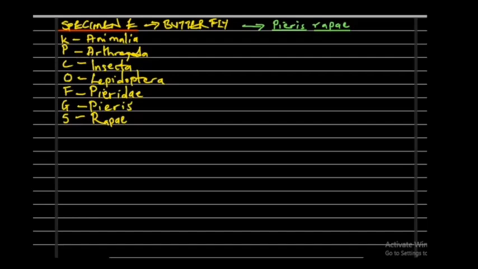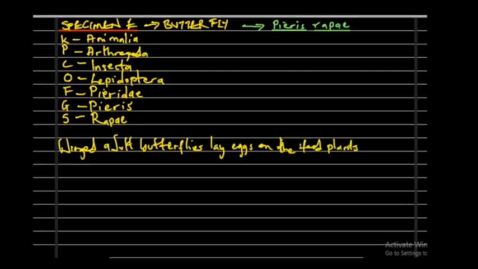So the winged adult butterflies lay eggs on the food plants on which their larva, which is known as the caterpillar, will feed.